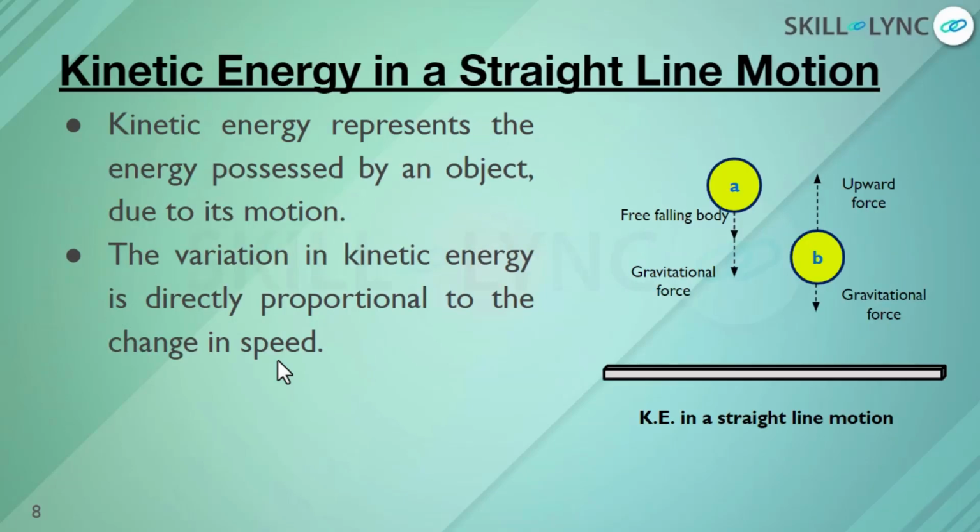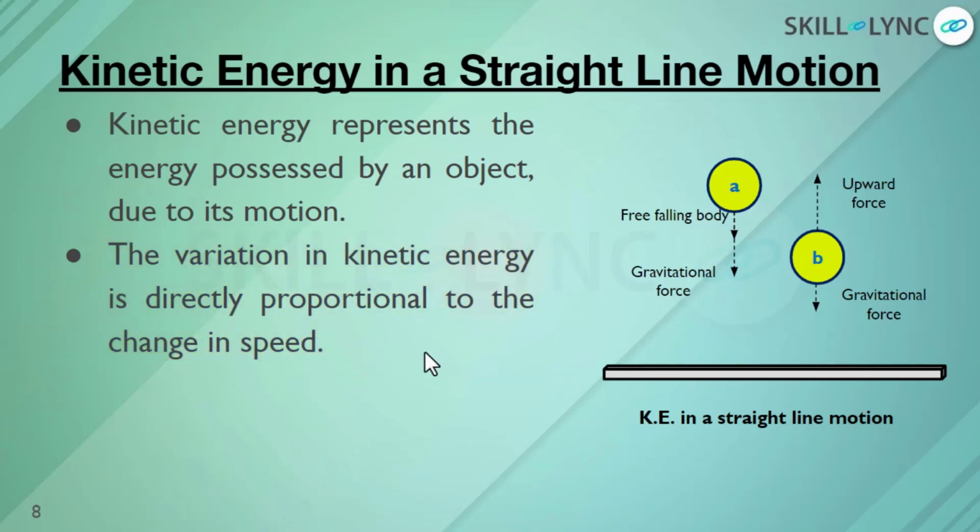Now, let us get to know what kinetic energy is in straight line motion. Kinetic energy represents the energy possessed by an object due to its motion. So, if an object is in motion, it would definitely have some kinetic energy. The variation in kinetic energy is directly proportional to the speed.